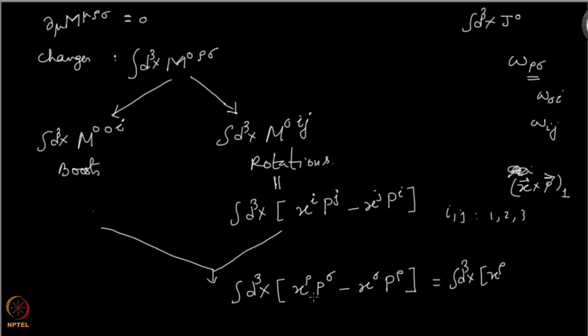So what I should have written is not really this, but the corresponding current. This is not what I have done very nicely, so let me correct it. What I should have written was T^0 rho. Now, this is fine.